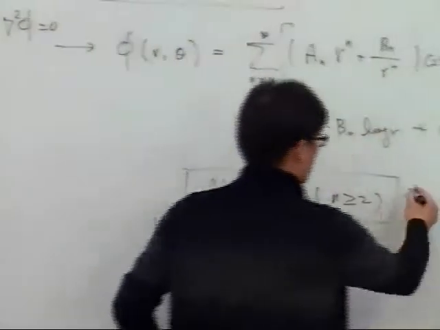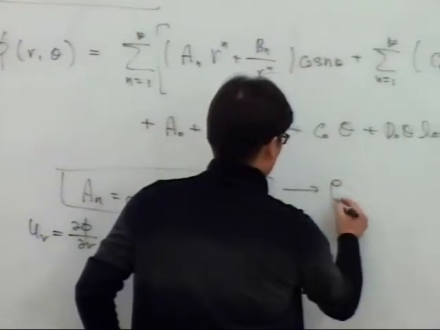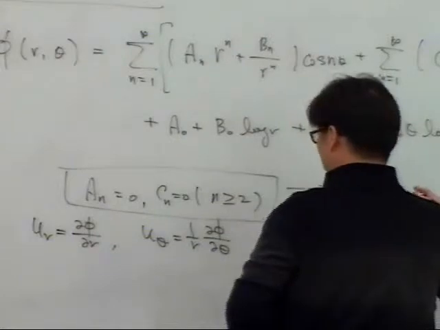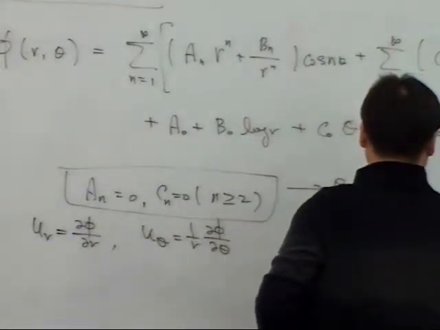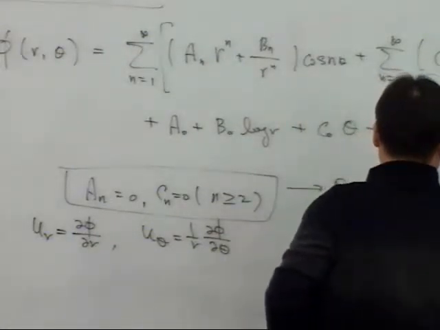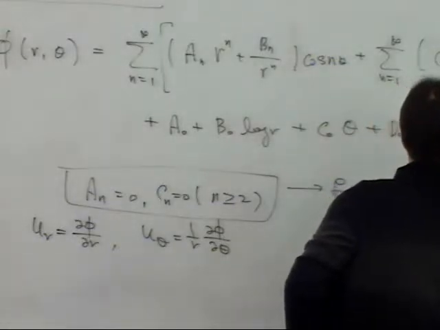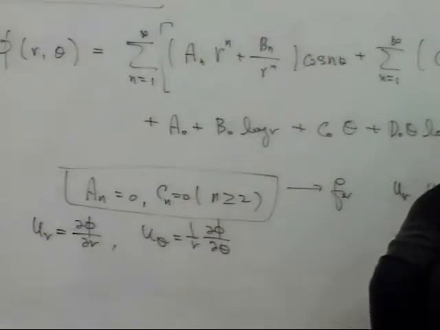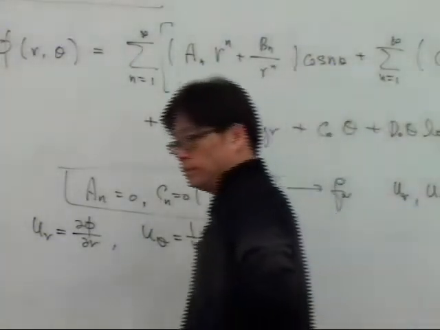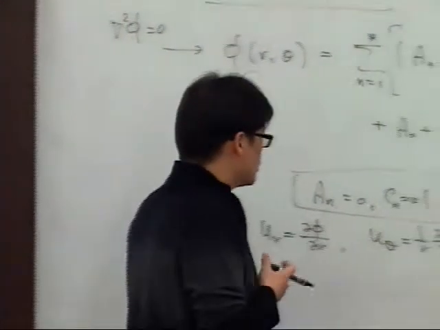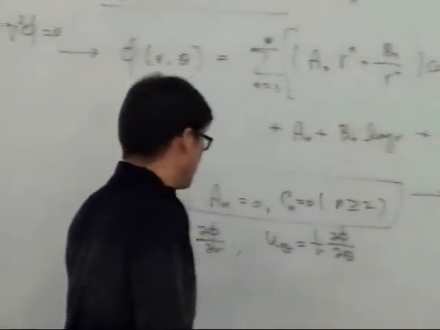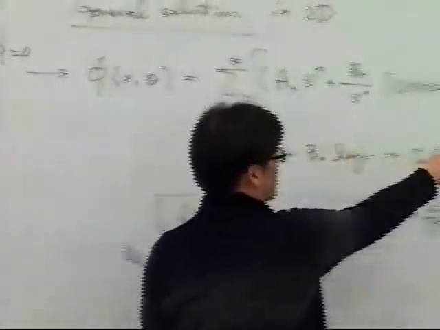This is for u_r and u_theta to be finite as r goes to infinity. So these velocities have to be finite as r goes to infinity. Therefore, these terms are equal to 0.